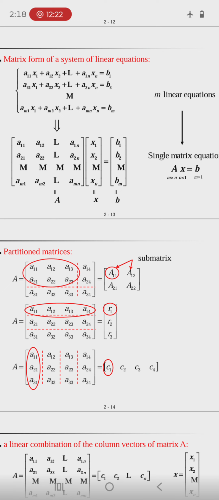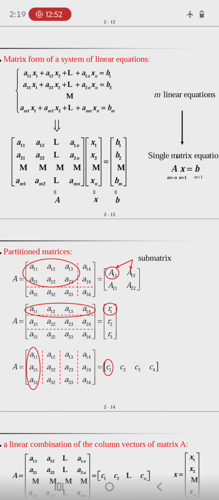These equations are called the m linear equations. We write these equations in matrix form. The first matrix is A11, and x1, x2, etc., xn are variables. The coefficients are written in matrix form: A11, then x2 coefficient A12, then etc., xn variable coefficient A1n.